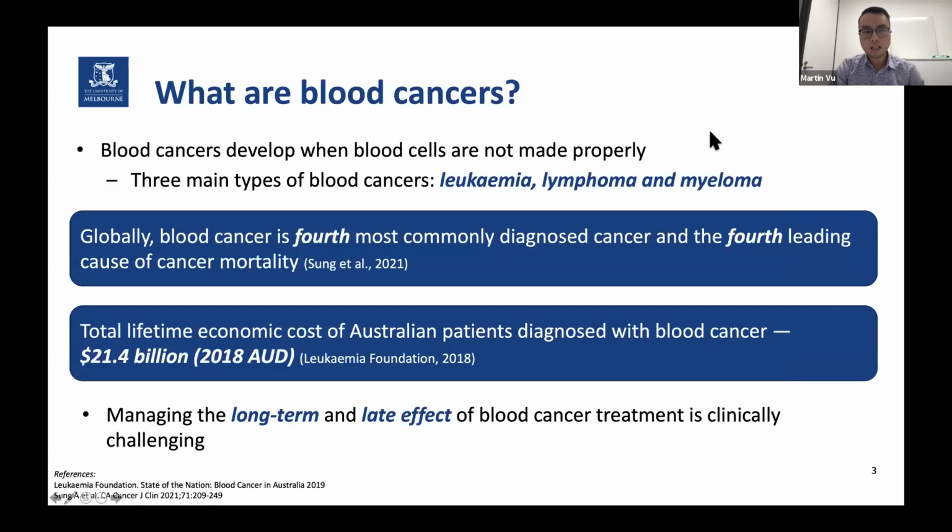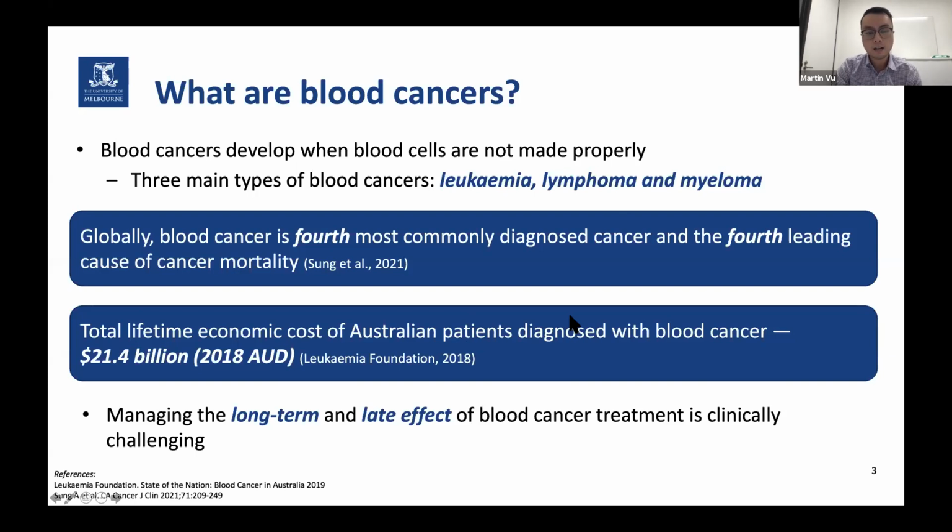By definition, blood cancers refer to when blood cells are not made properly. There are over 100 different types of blood cancers, but broadly, blood cancers can be categorized into either leukemia, lymphoma, or myeloma. In terms of prevalence, blood cancer is the fourth most commonly diagnosed cancer, and in terms of mortality, it's ranked in the same position, the fourth most common cause of cancer death.